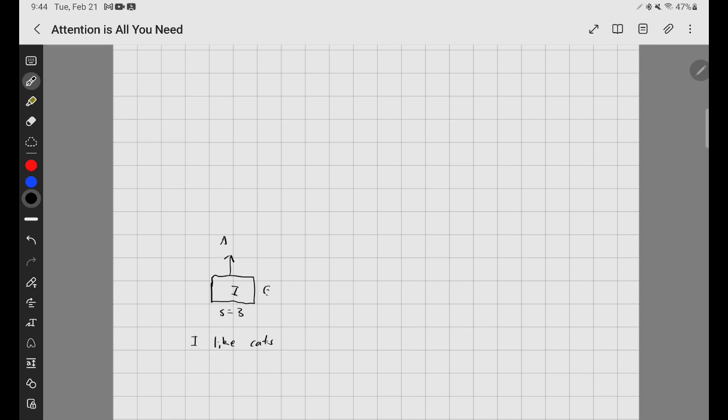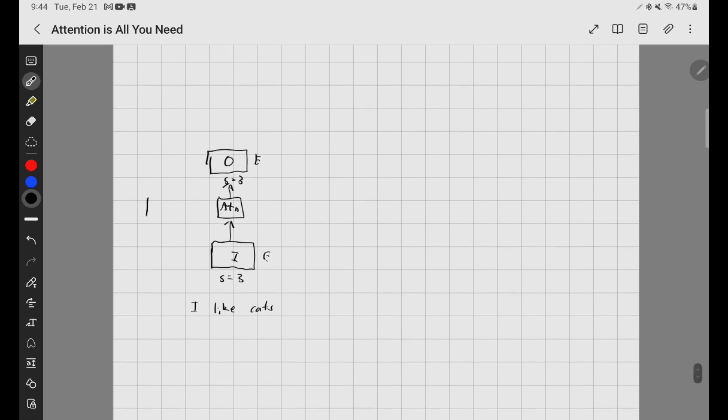You send it through attention, and then you get your output sequence, S is equal to 3 by E, and that's your output. That's just one, you only compute one similarity matrix, only one S by S matrix, the query key matrix.